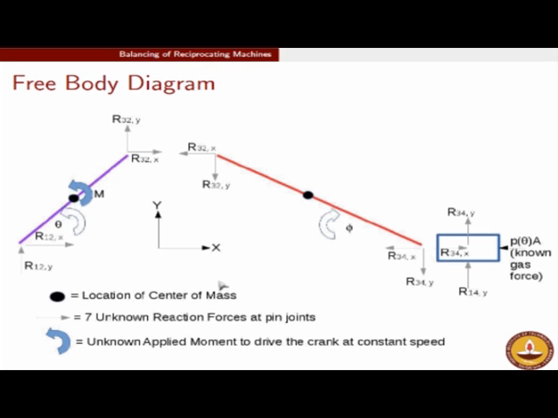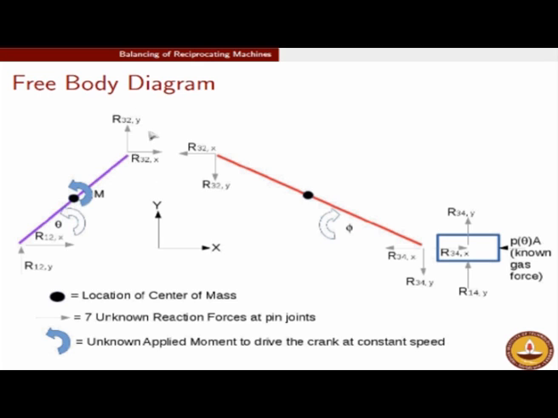So if we just count how many such reaction forces there are, we see that there are two forces here, two forces here, two forces here, and one force here. So there are 7 reaction forces, 2 plus 2 plus 2 plus 1. So that is 7 reaction forces. I don't count the forces on the connecting rod because that would be double counting.